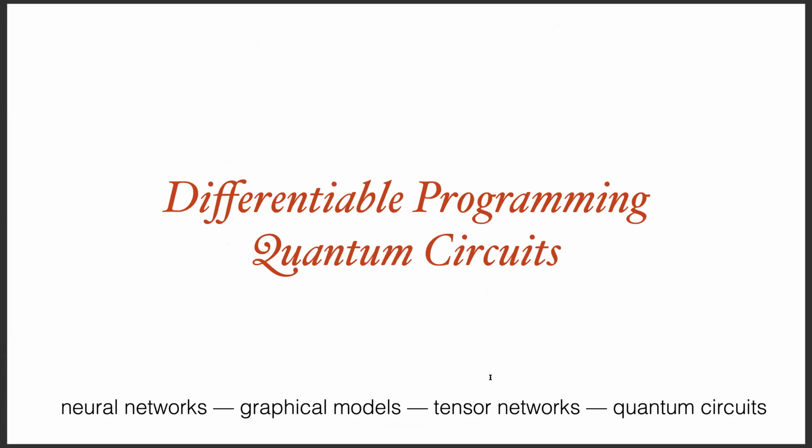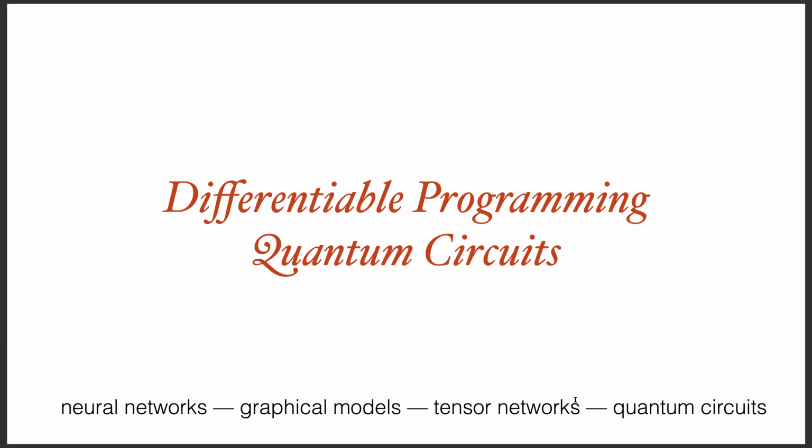So in the remaining, I'm not sure, maybe 5 to 10 minutes, I want to move on to quantum circuits. By the way, I also want to admit that for my own research, there was a hidden line of connections all the way connecting classical neural networks to quantum circuits.